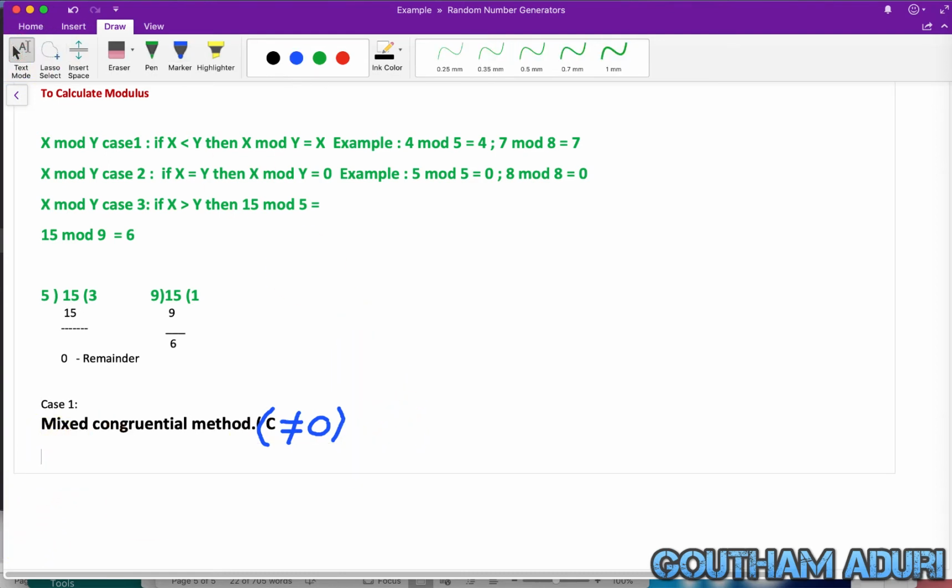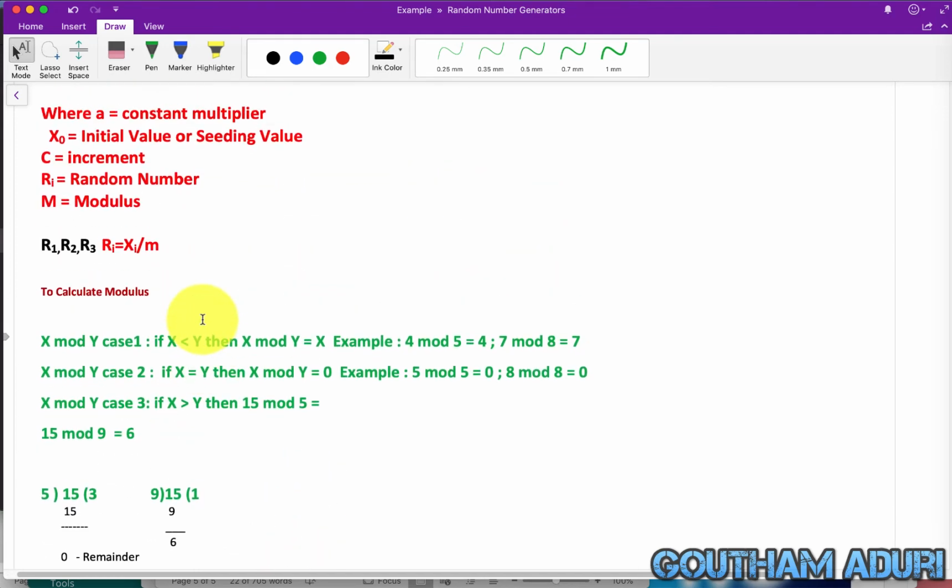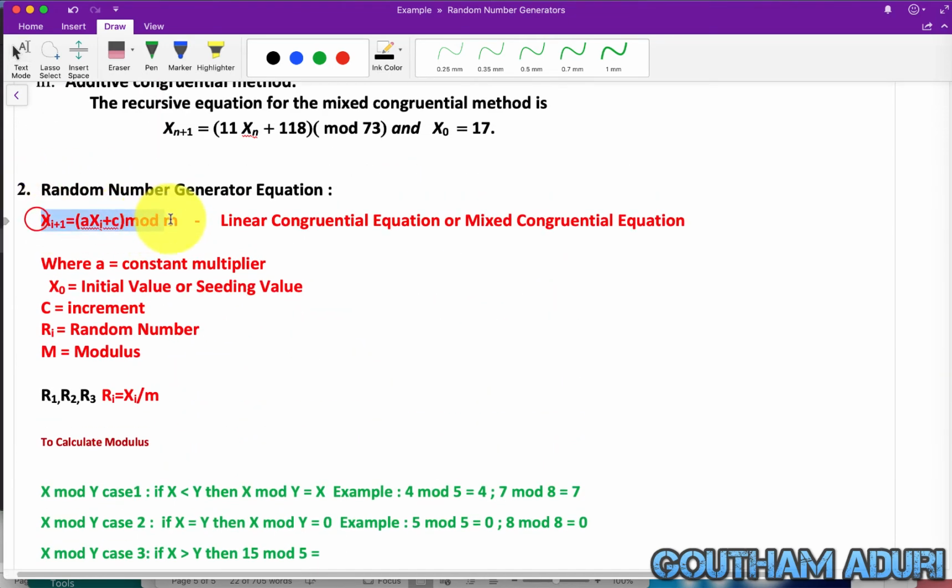So in the mixed congruential equation, the equation becomes the same equation, xi plus 1.